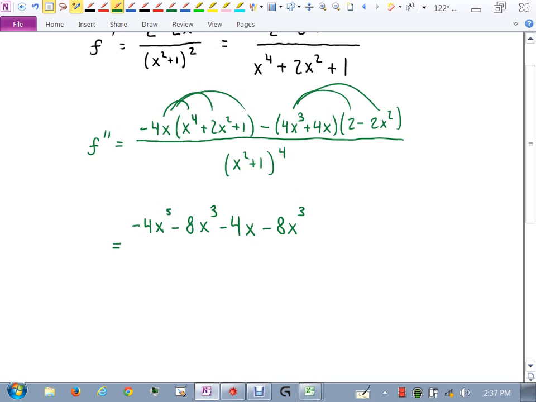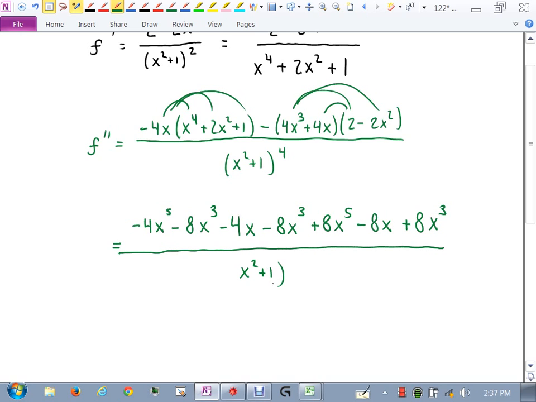Here to here, -8 plus 8x to the 5th. 8 minus 8x, and then finally plus 8x to the 3rd. I moved through that quickly. That's why I'm a little concerned that I'm going too fast. x squared plus 1 to the 4th. If all my algebra is correct, I hope something's going to cancel.